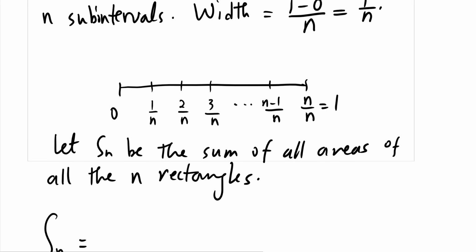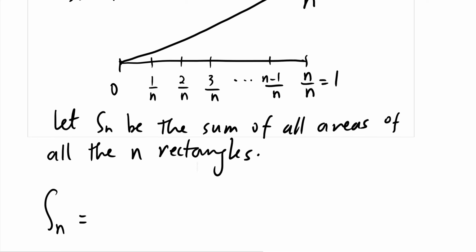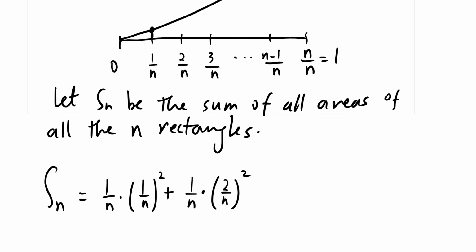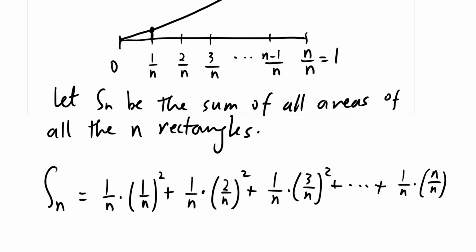Remember how the graph went through this and went up all the way this way. For the first one, the 0 doesn't do anything. So the first rectangle is going to hit at 1 over n. The width is 1 over n, and the height is 1 over n squared, plus the same width and the height for the next one, 2 over n squared, plus 1 over n times 3 over n squared. And this can go on and on all the way to the last one, which is 1 over n times n over n squared.